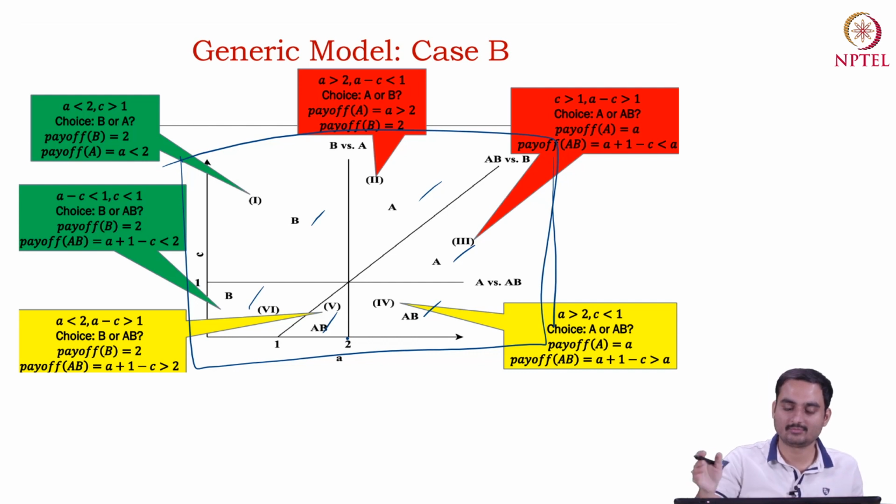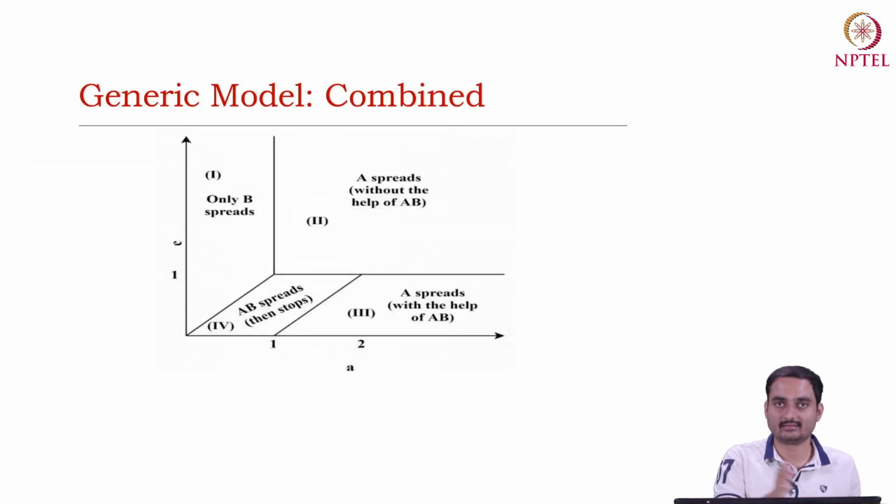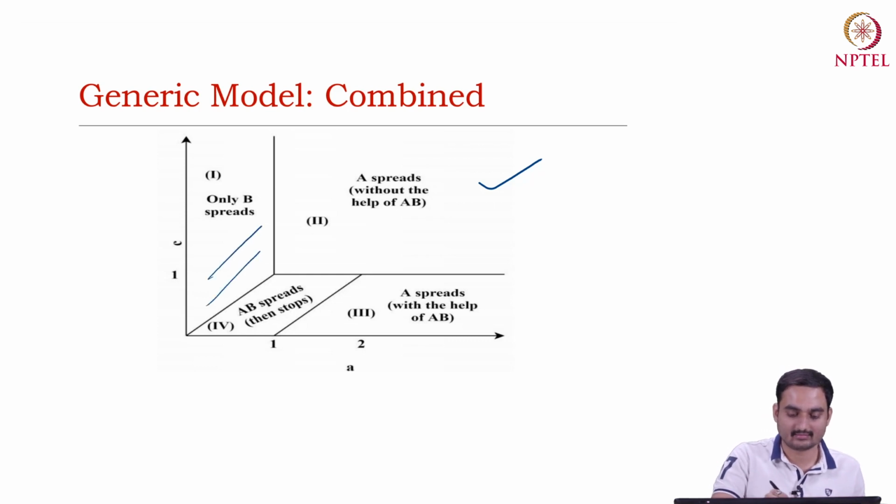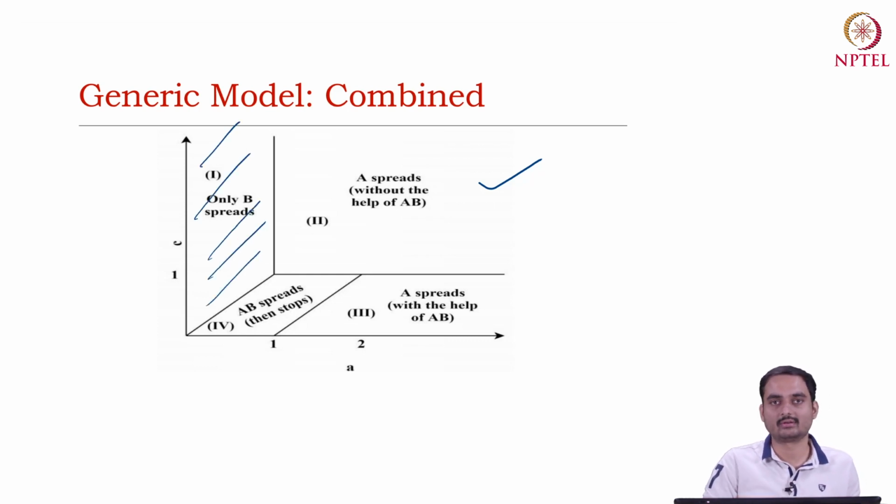If you merge these two cases, case A and case B, you will see this kind of combined behavior. And if you carefully look at it, what does it mean? In this region, you can't do anything. People will adopt B, people will remain with B. In this region, the strategy AB will start spreading, then will stop.